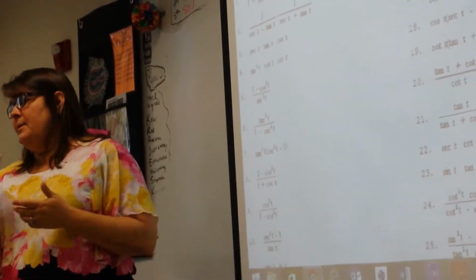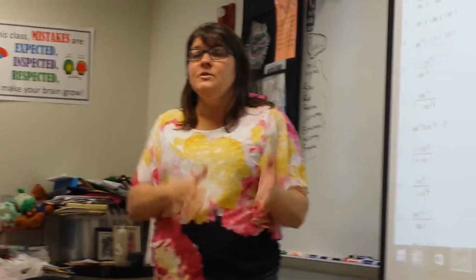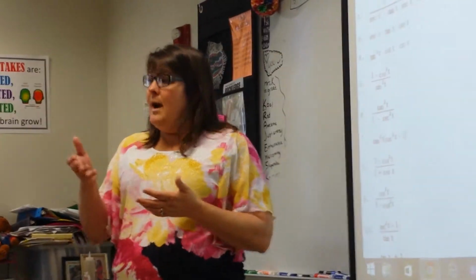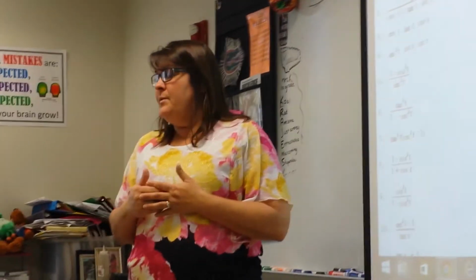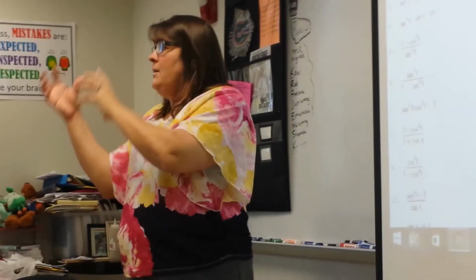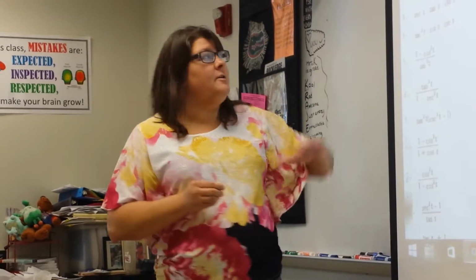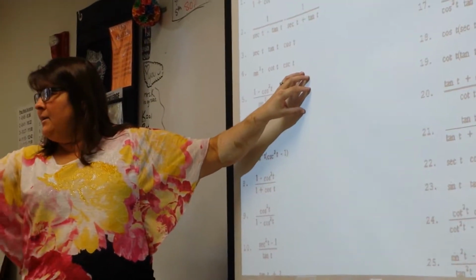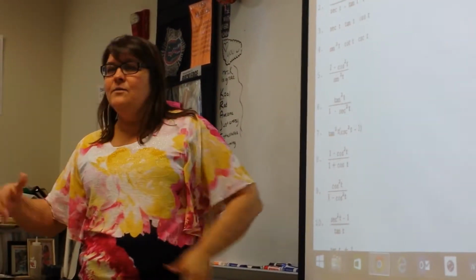For example, 2/4: you tell me, your answer is truly 1/2, because you reduced it to lowest terms. How do you know 1/2 is done? Because they're both prime. There's nothing else that can go into them. That's the mentality you're going to use for simplifying. You're going to clean it up till you can't clean it up any longer. And then there's one that's called verify. It looks just like simplify, but it has equals and an answer. So literally, it gives you the answer. You're going to have to take one side, clean it up, and make it look like the other side. Those are the two we're going to work with this week.